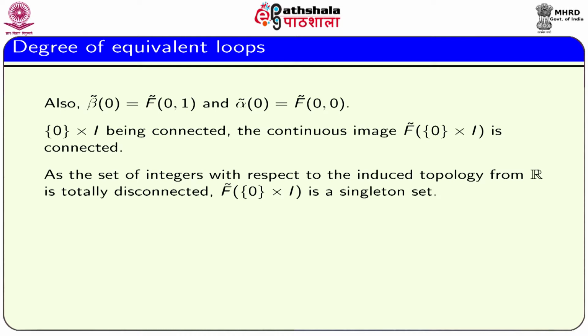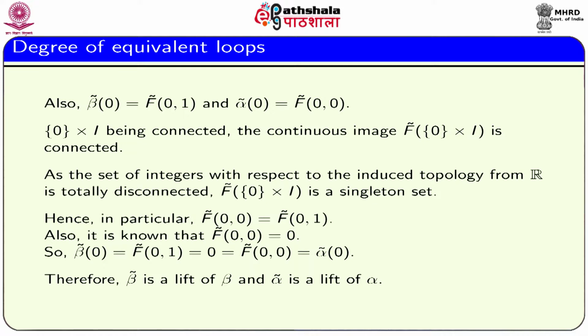So, 0 cross I is a connected subset of R cross R, thereby giving the continuous image f tilde of 0 cross I a connected subset. As the set of integers with respect to the induced topology from R is totally disconnected, f tilde of 0 cross I is a singleton set.